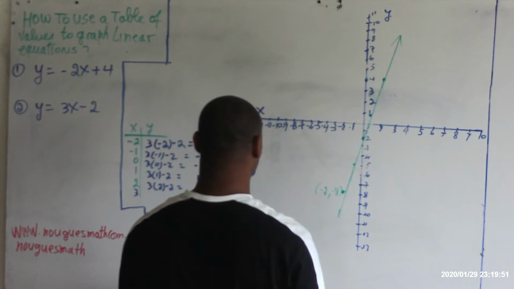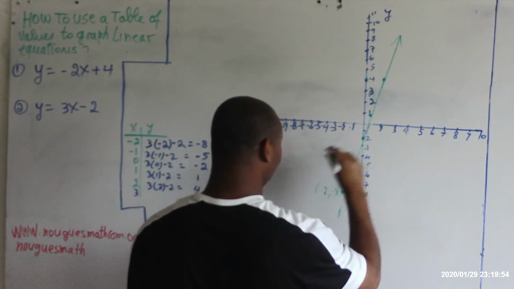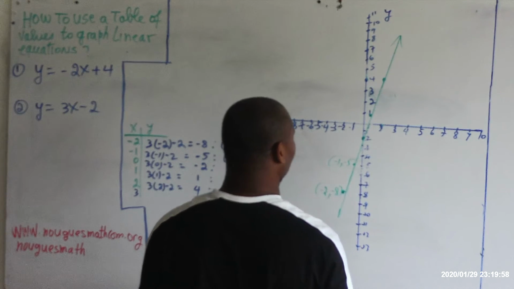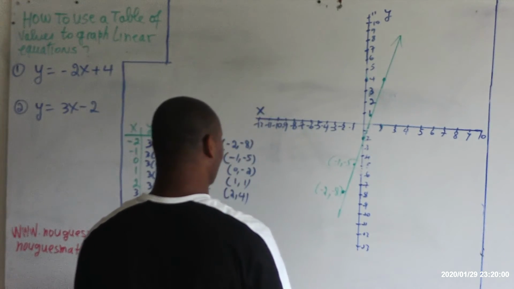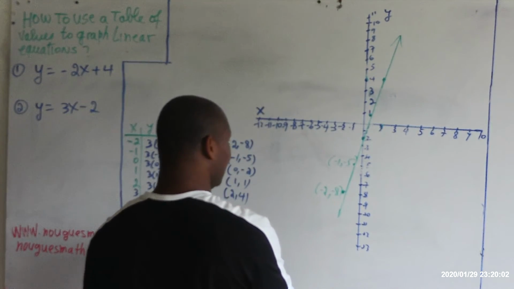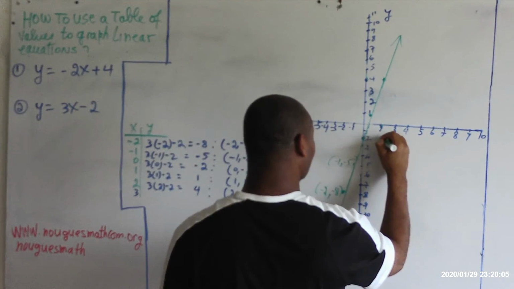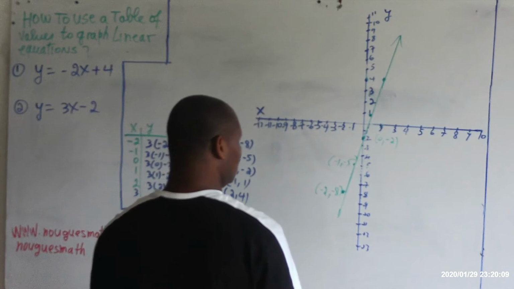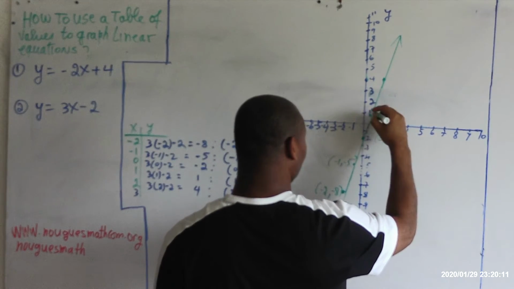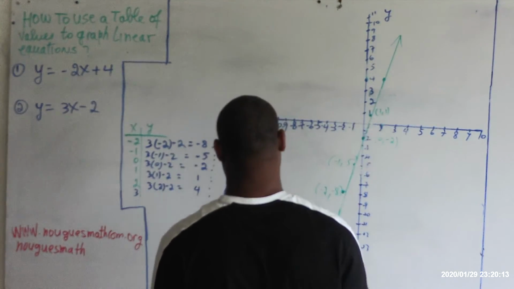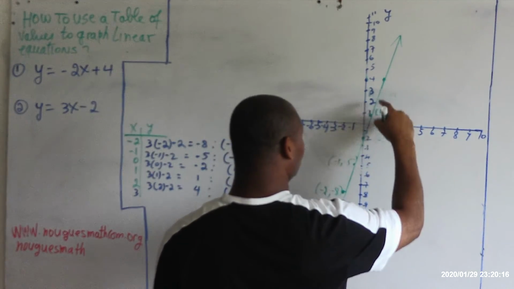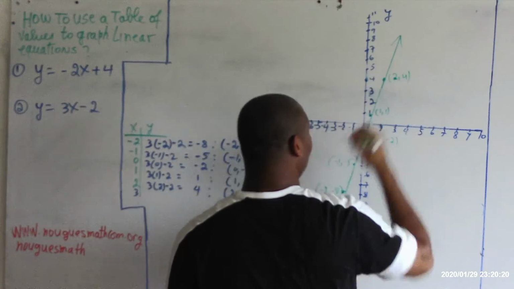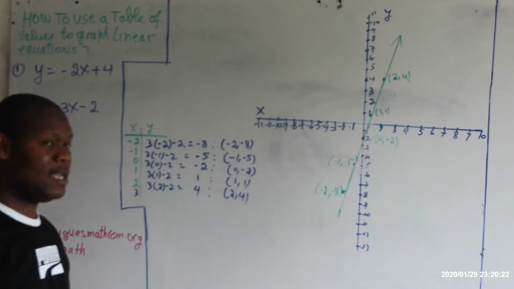Negative 1, negative 5 right here. We have 0, negative 2 right here. 1, 1 is right here. 2, 4 is right here. Alright, I think that's it.